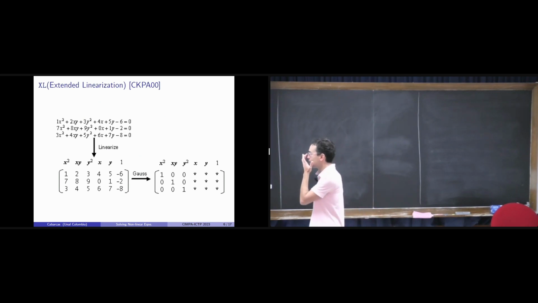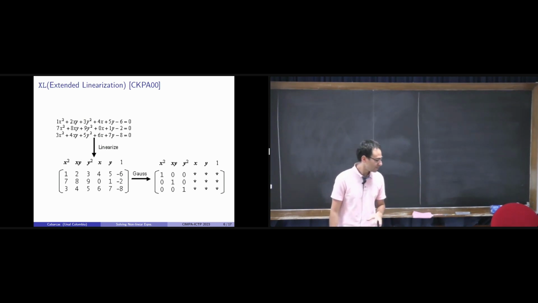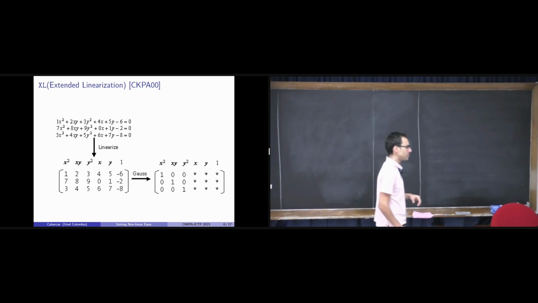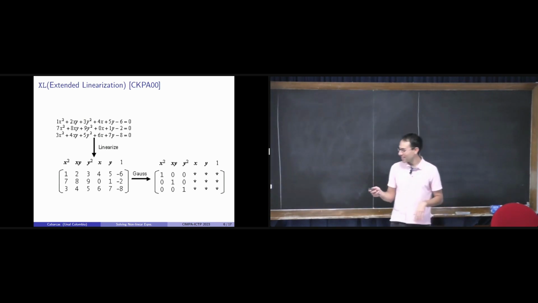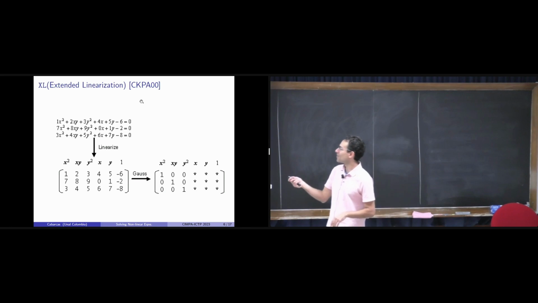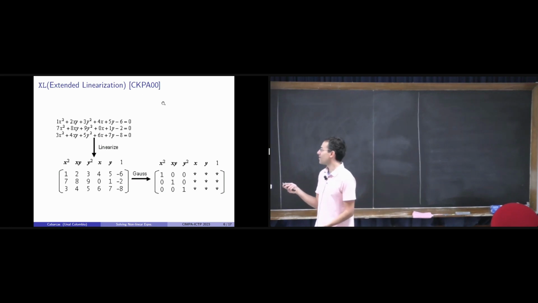And here's the idea of the extended linearization algorithm. This is called XL, extended linearization. Here I'm citing the paper where they gave the name XL to this algorithm. This is a paper with Courtois and I think it was Shamir and Patarin, and this was from 2000.